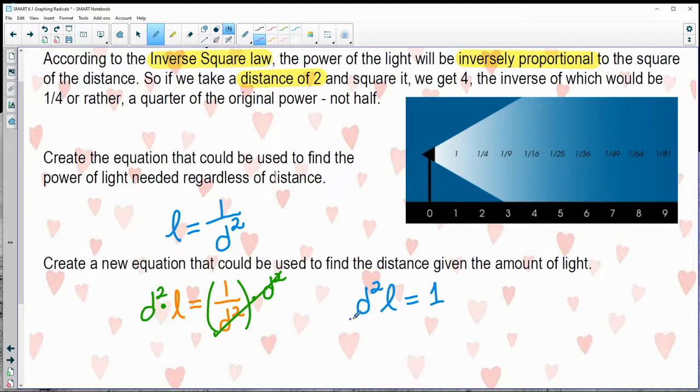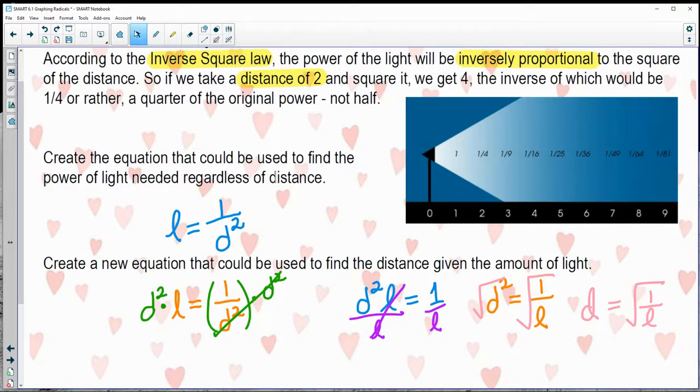All right, and then I'm going to go ahead and divide by the light. So I'm going to have distance squared is 1 divided by the light. Oh, and there's where square roots are coming to the rescue. So the distance is the same as the square root of 1 divided by the amount or the power of light.